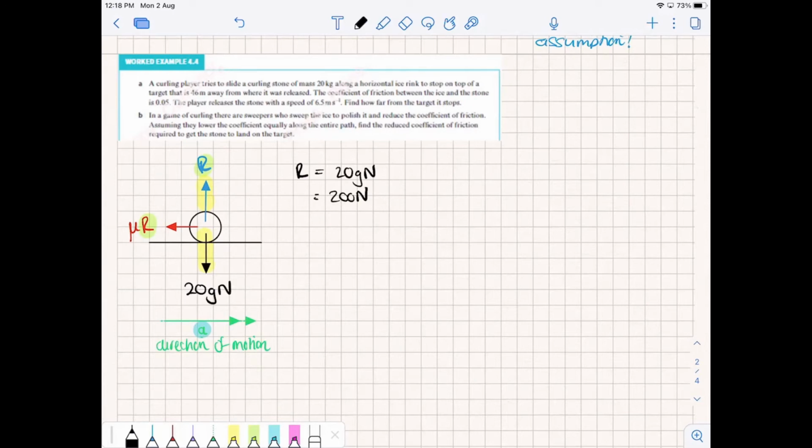Now that we have the normal contact force, we can use it to calculate the friction. Friction is equal to the coefficient of friction times the normal contact force. If we go back to the question, we can see that they gave us the coefficient of friction of 0.05.